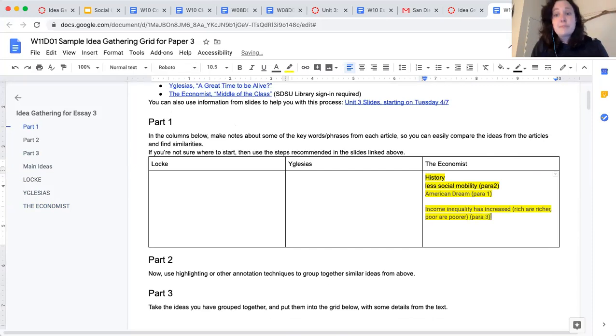So we already have some ideas and keywords, and a couple of these are repeated from our main idea, which is fine. But now we have quotes for them, or paragraphs that we can refer to, which will be helpful.